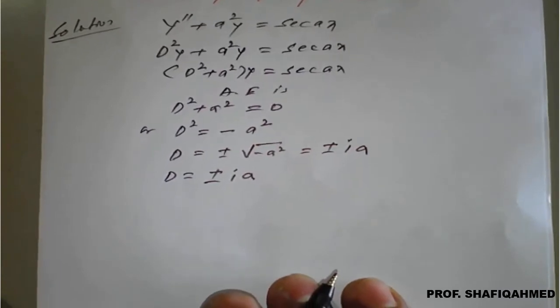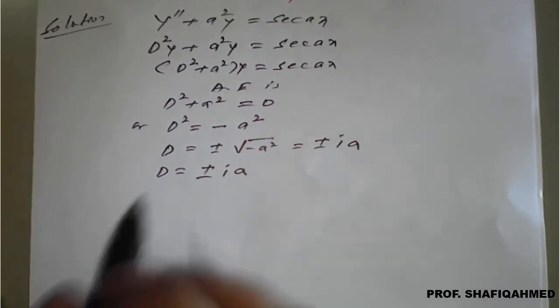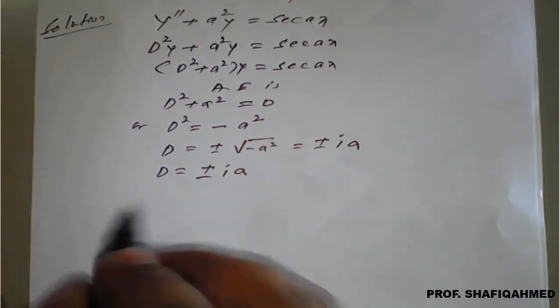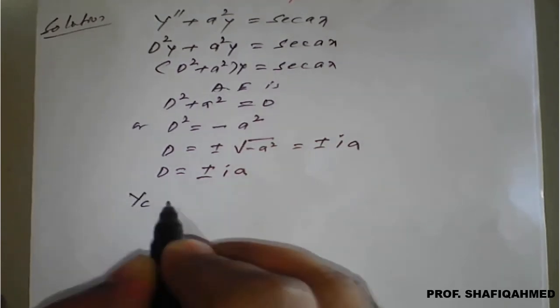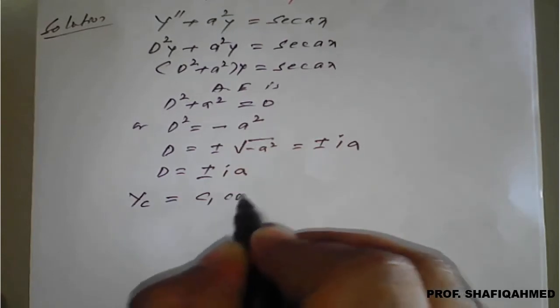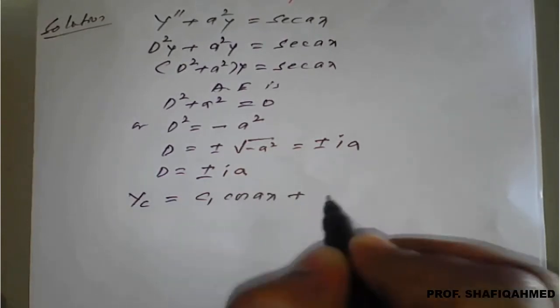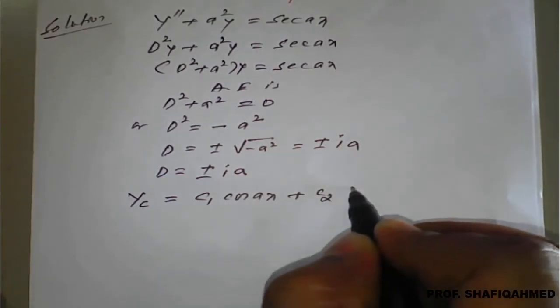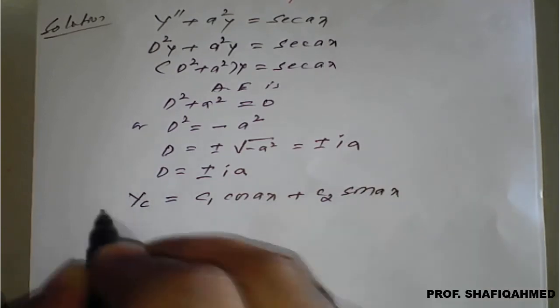So this is a complex root, but the real part is 0. Therefore your complementary function is yc is equal to c1 cos of ax plus c2 sine of ax.